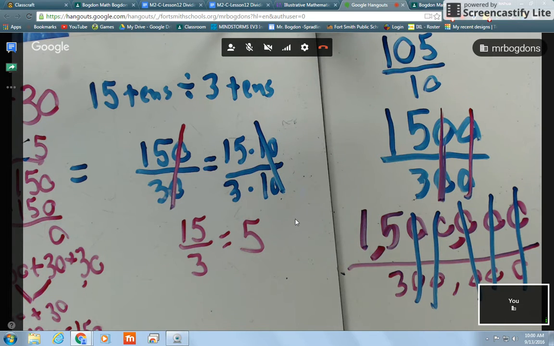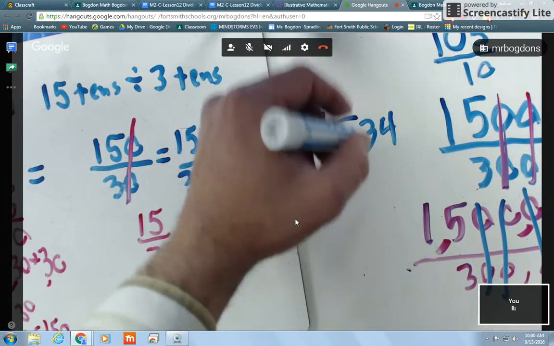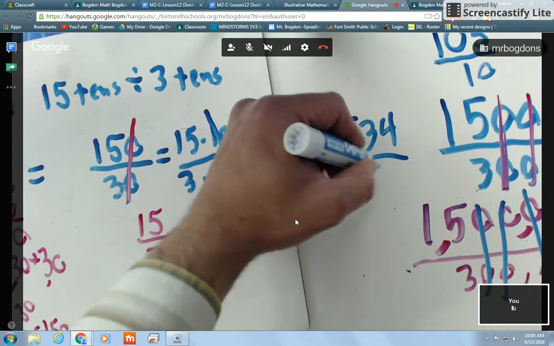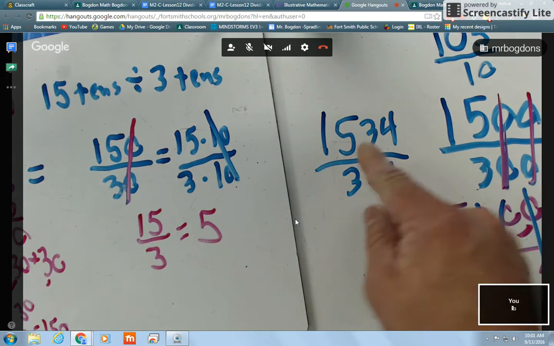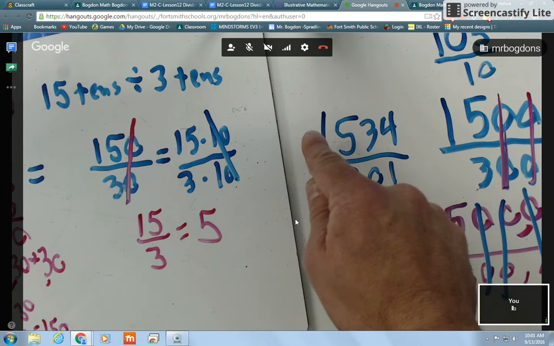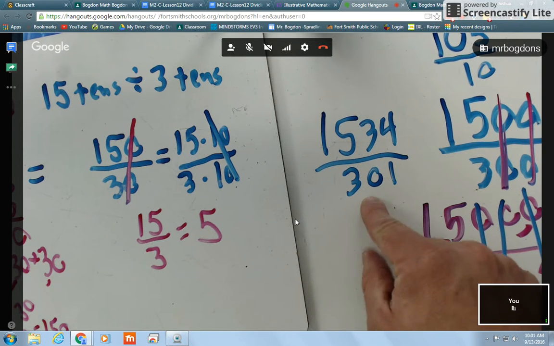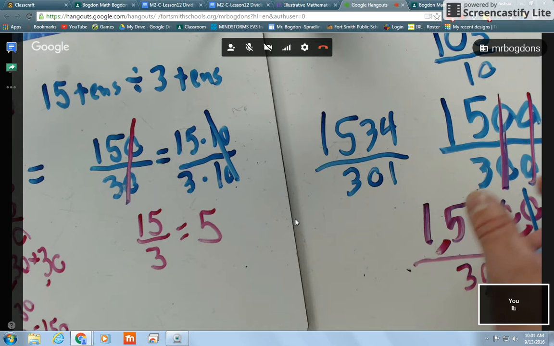And whenever we use estimation, we take complicated numbers like 1,534 and 301. 1,500 is kind of close to 1,534, right? 300 is pretty close to 301, yes? Yes.